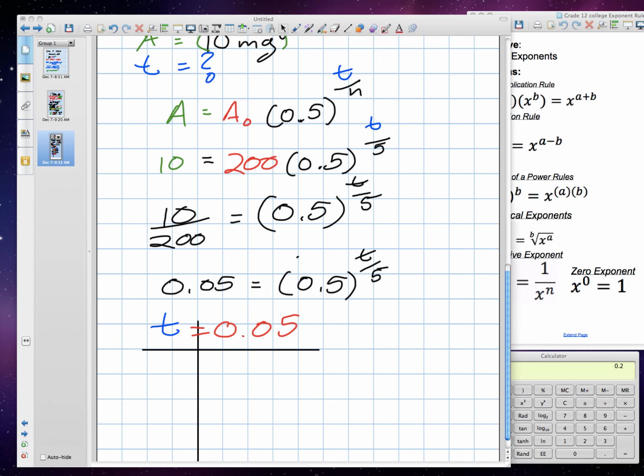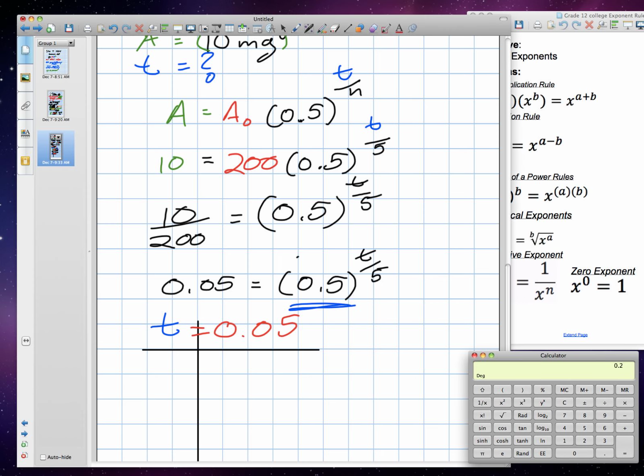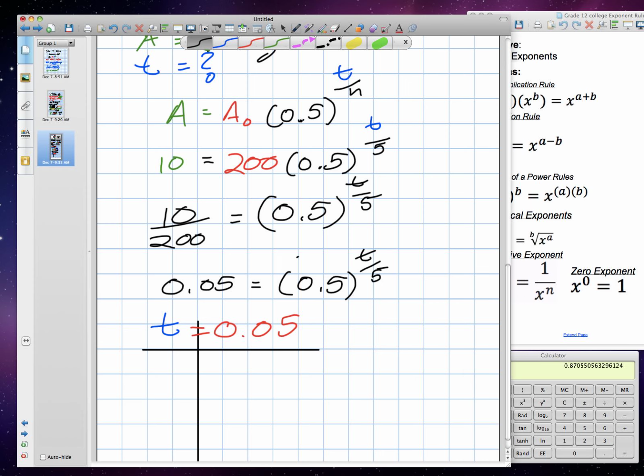So I have 0.5 to the exponent of 0.2 equals. I'm going to do this along in my calculator at the same time. So for our number 1, when t was 1, we got the value of 0.87. Not quite what we're looking for. In fact, it's a good ways off of what we're looking for.